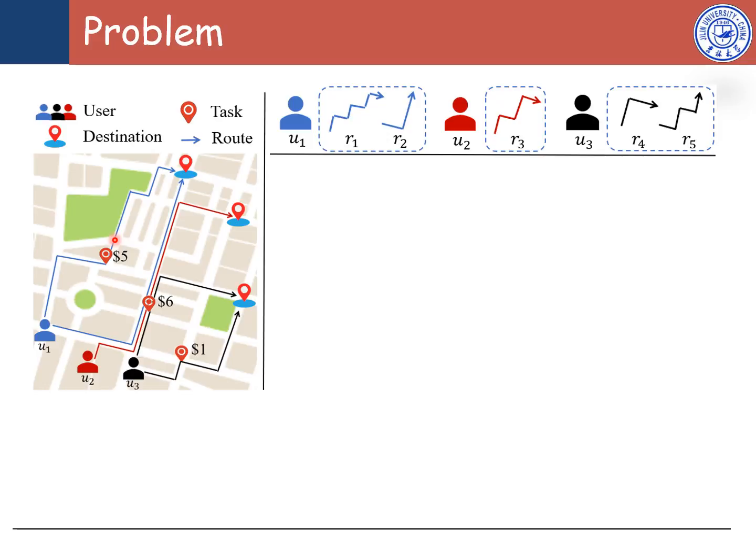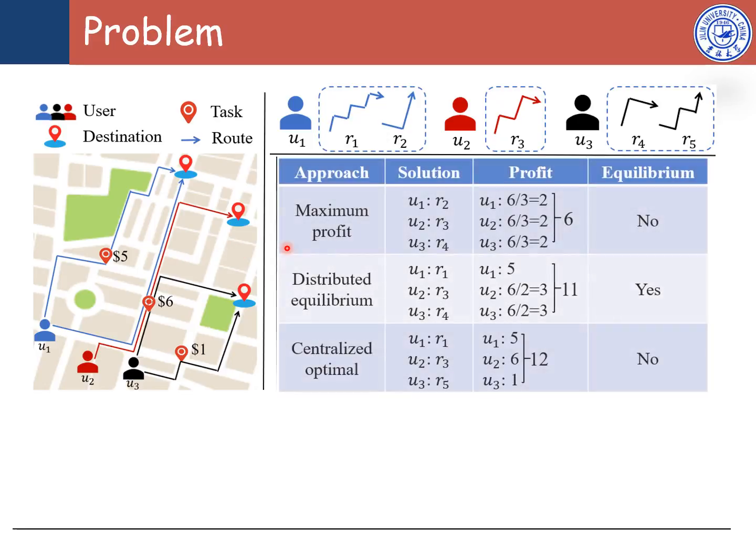The route selections of users may influence each other in this scenario, as shown in the right part. An intuitive approach for each user is to select the route with the maximum reward. However, this leads to the least total reward, because users need to share the reward of their overlapped tasks.